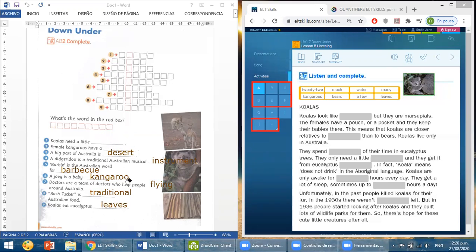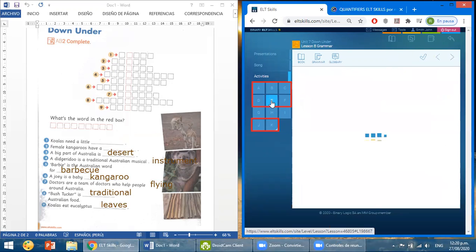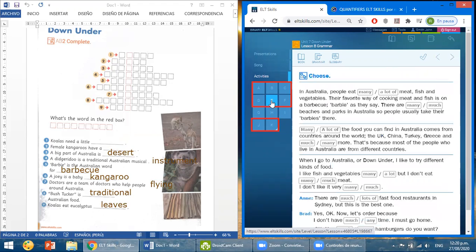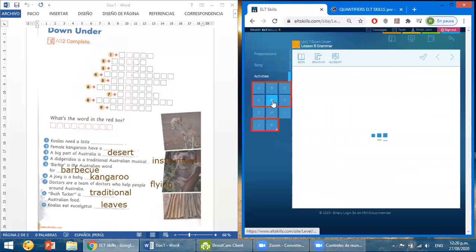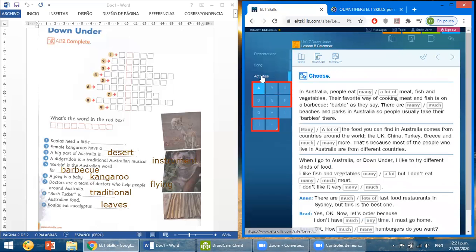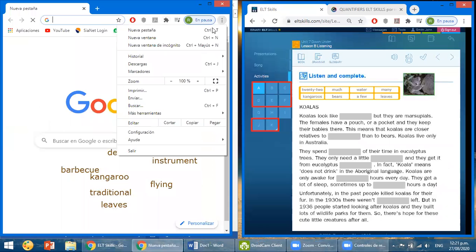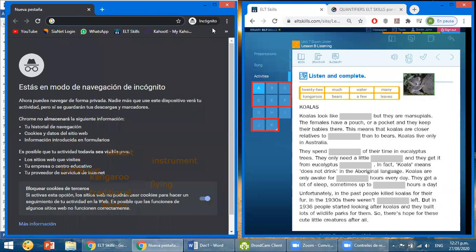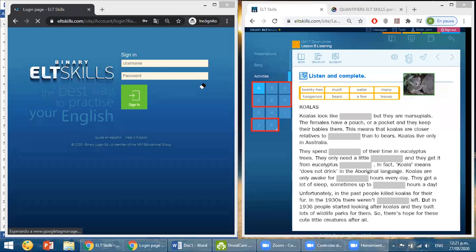Copy these places in your book, okay? Let's work in the activities A, B, C, D, E, F.